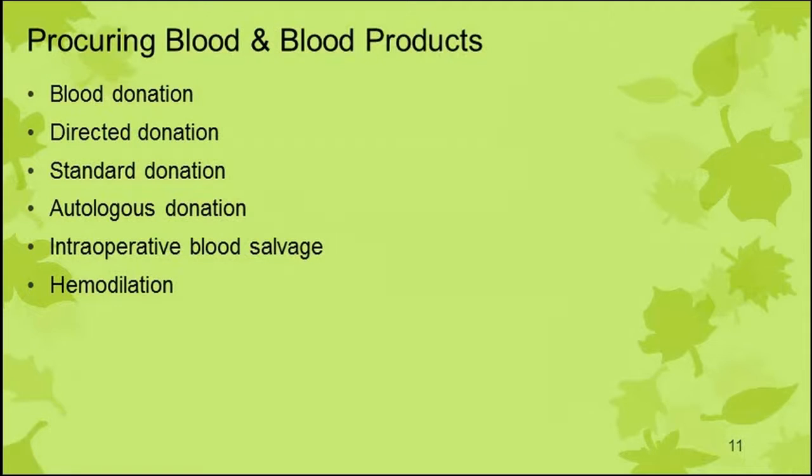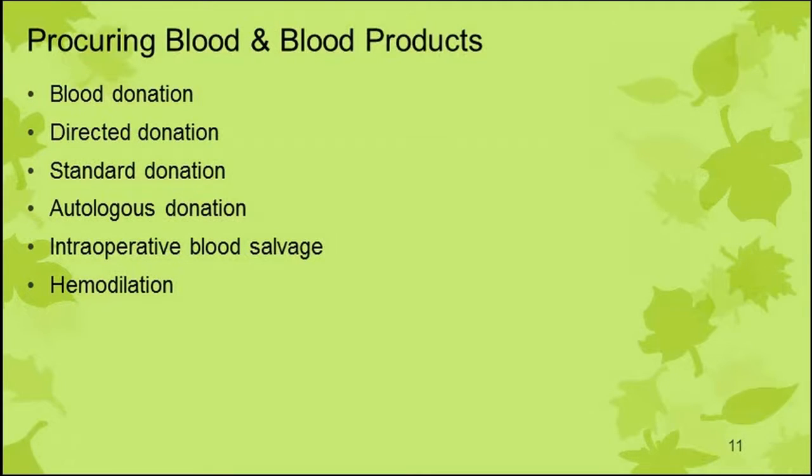We will see autologous donation done frequently in patients that are having total knee replacement or any other big surgery where we know there's going to be blood loss. It's just the patient's own blood. So of course it's safer. There's no risk of rejection in that case.